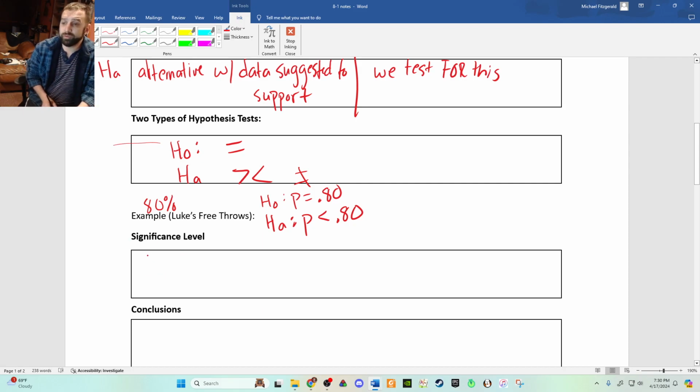Okay, we're going to be dealing with something called a significance level, and that is given by the Greek lowercase letter alpha, looking like a goldfish.